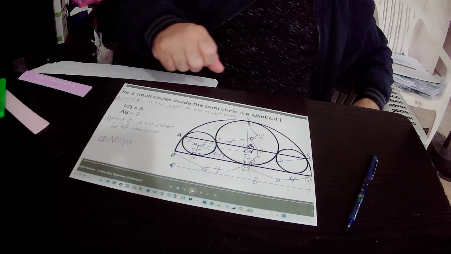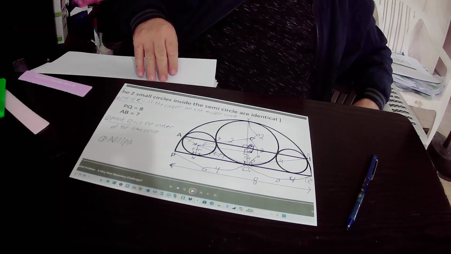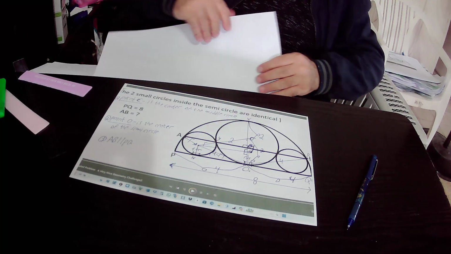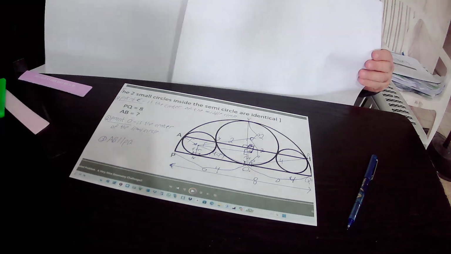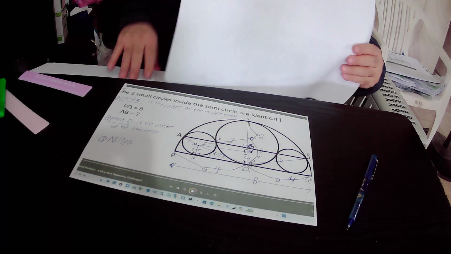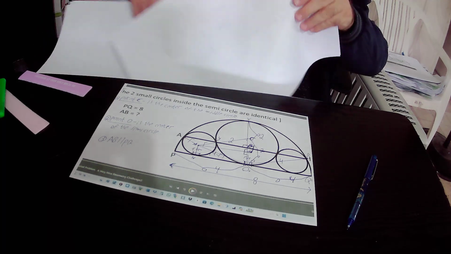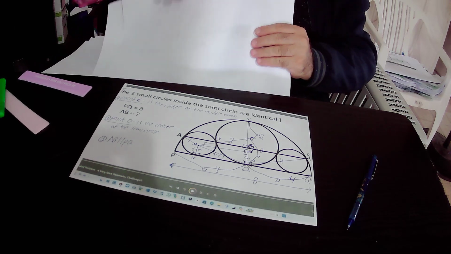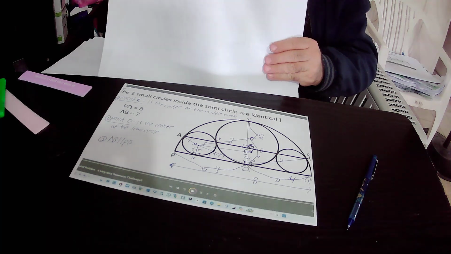Okay, and here I draw this quadrilateral again.